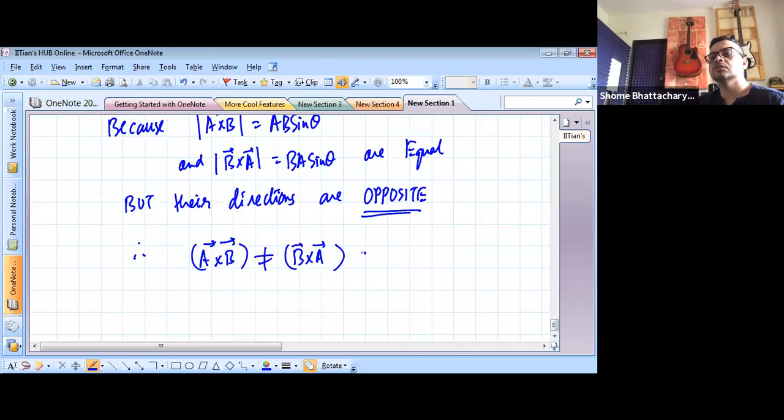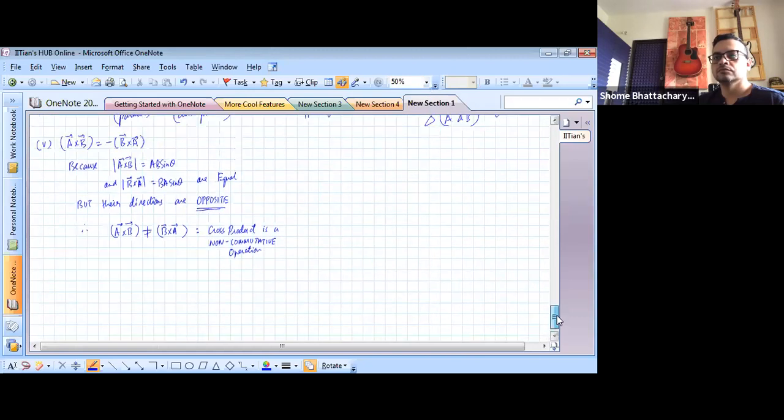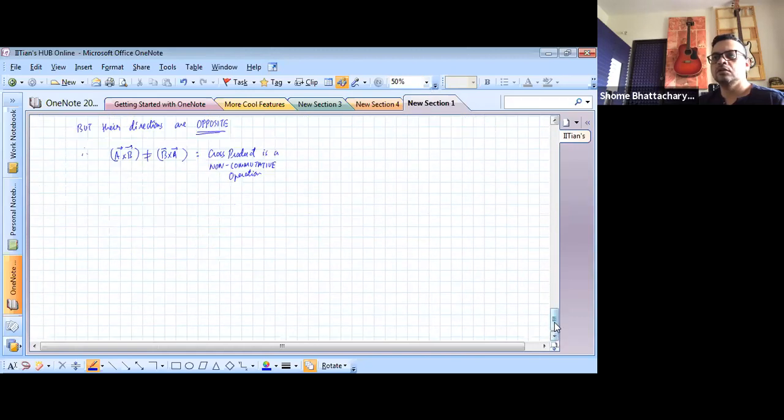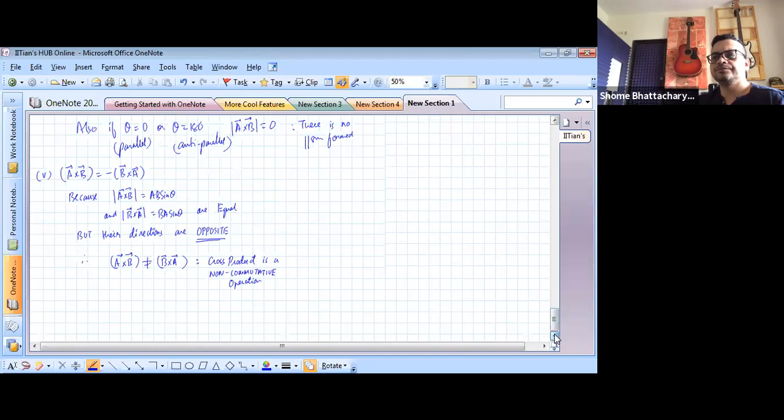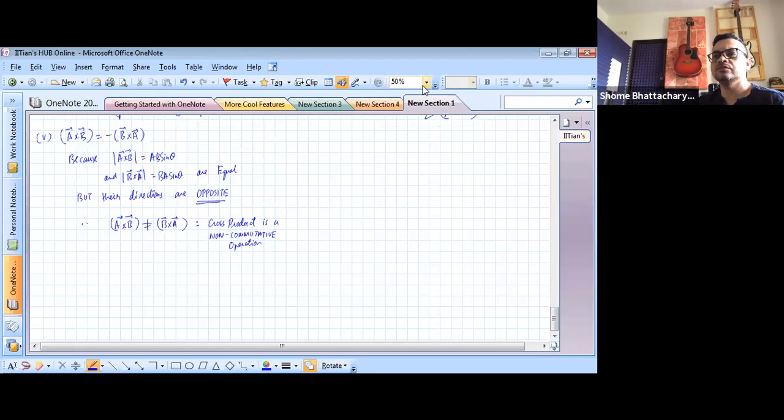So in other words, cross product is what we call a non-commutative operation. Okay, so the important point to remember here is that it is non-commutative.